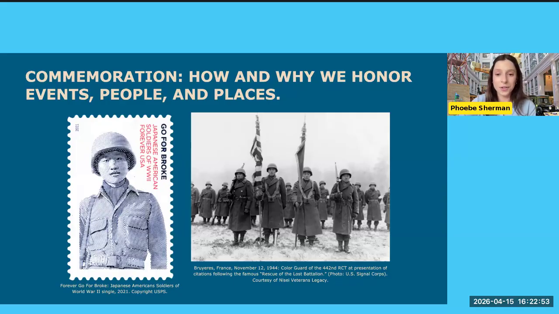So, the soldiers that are honored in this stamp, many of the 33,000 Japanese Americans who served in the US Army during World War II were known as Nisei, and that means second generation Japanese Americans. And for a time, the Nisei were denied the opportunity to fight in the army during World War II, despite being American citizens.